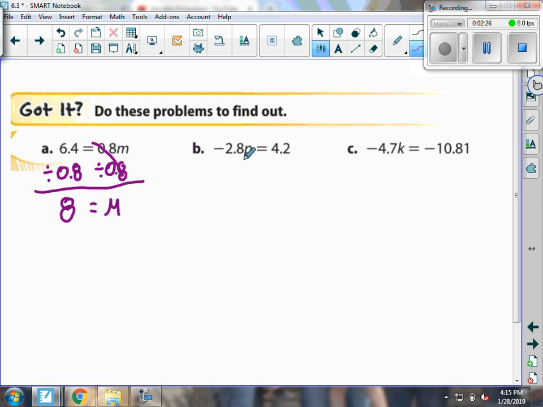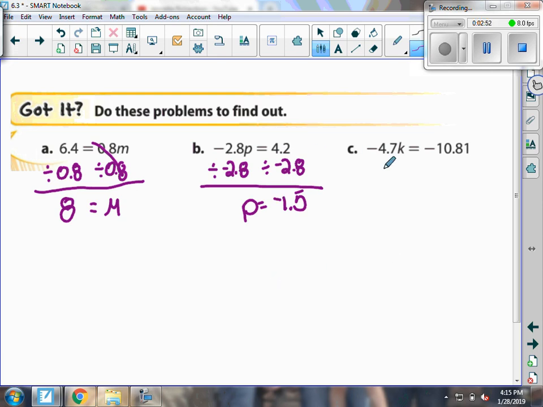B, we have negative 2.8p is equal to 4.2. We divide both sides by negative 2.8. So our negative 2.8's cancel out, so we have p is equal to negative 1.5. Positive divided by a negative is a negative.